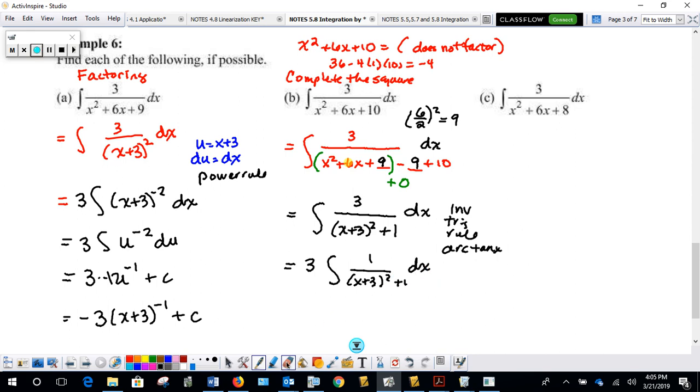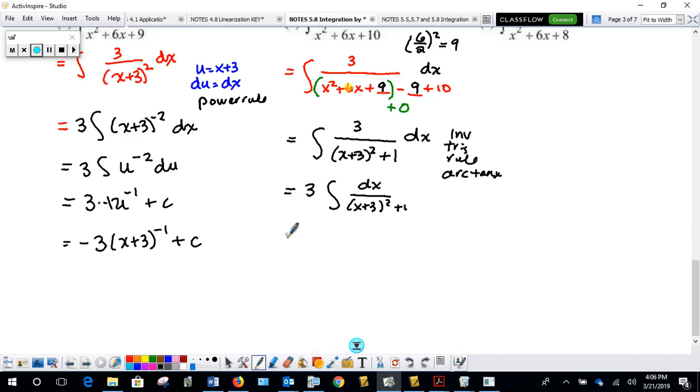Because it's inverse trig, I just like to put my dx in the top when I'm doing that. So that would be my dx. And then my a is going to be 1 because of this. My u is going to be x plus 3 because that's what's being squared. My du is dx. So this becomes 3 du over u squared plus 1.